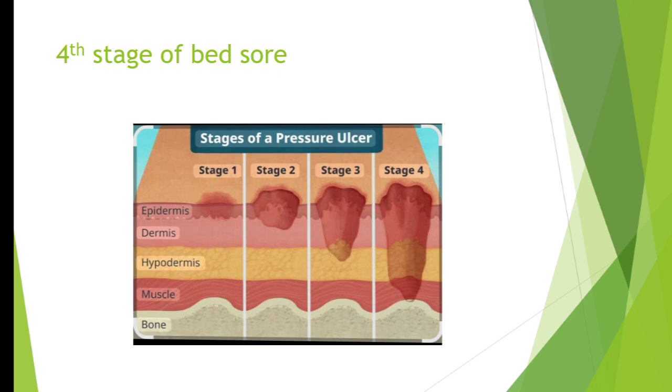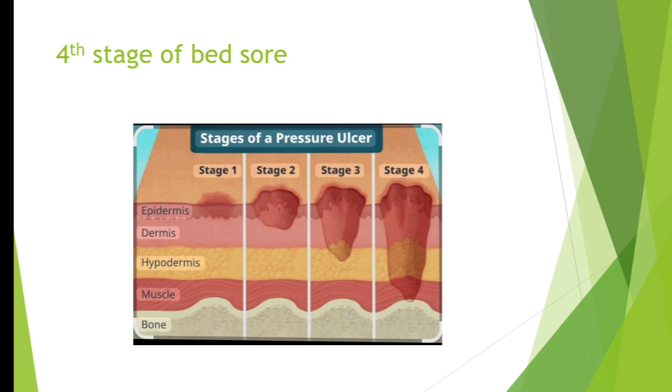Bed sore ulcers are most commonly seen in the elderly, paralyzed patients, unconscious patients, and chronically ill patients. Prevention and early management are an essential part of nursing care for bed sore ulcers.